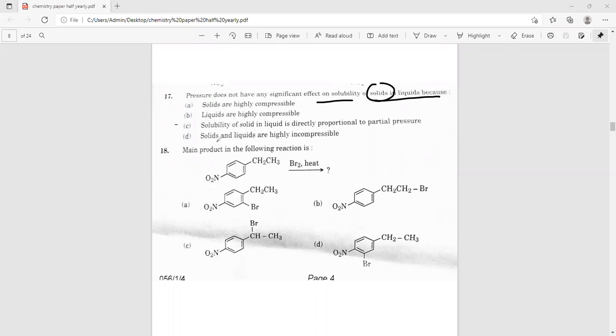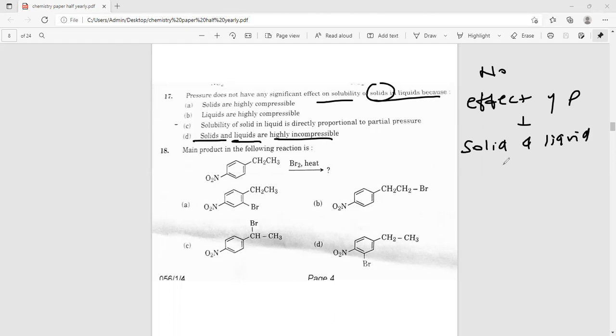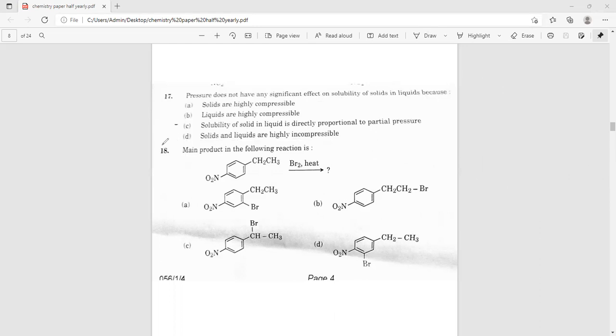Answer is D, because solids and liquids are highly incompressible, so there is no effect of pressure. Answer is D.